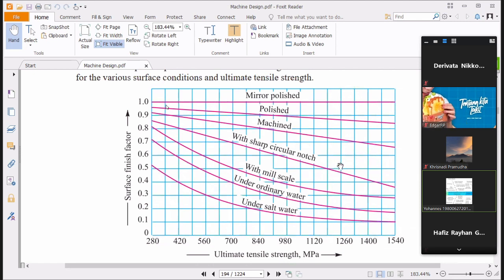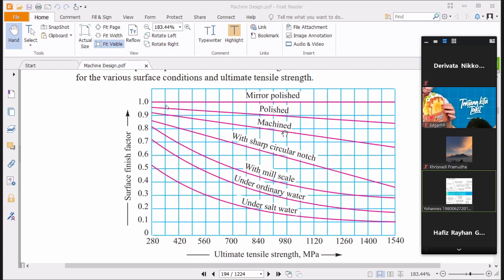And this is related with the steel. Okay. For steel, here we have some technique or surface condition. For the mirror polish, if you polish the surface of the steel until it is very shiny just like a mirror, so you can see your shadow on the surface, then it will have the perfect ideal condition, just like we used in the laboratory test. So the correction factor will be 1 for every strength of material.